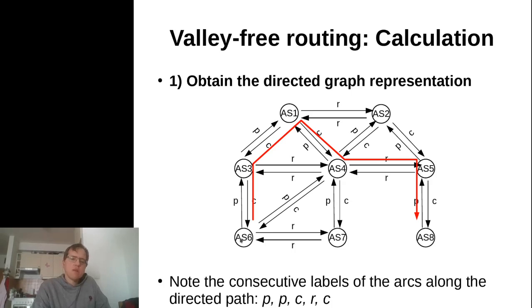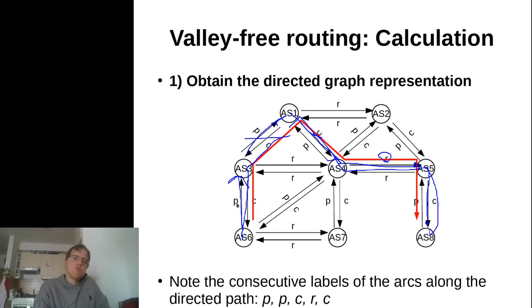So the path goes from AS6 to AS3, AS1, then AS4, AS5, and AS8. If we just read out the labels along the directed links that make up this path, then we get P and P, and then the path goes downward, so we get a C, and then the path takes a horizontal step, so the label is R, and then the last label is C because the path takes a downward step in this directed graph representation.